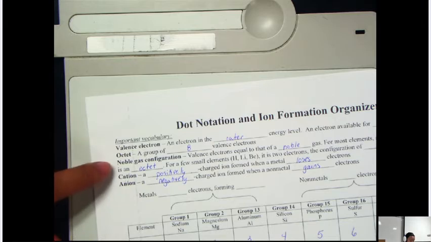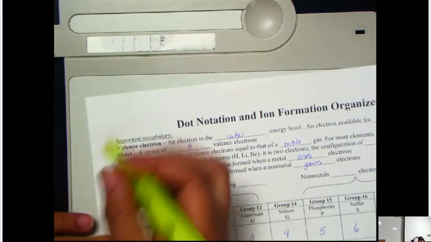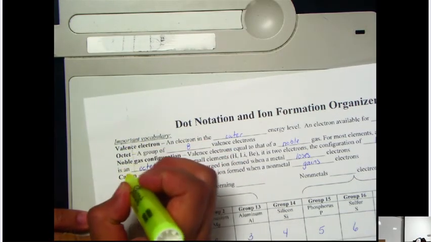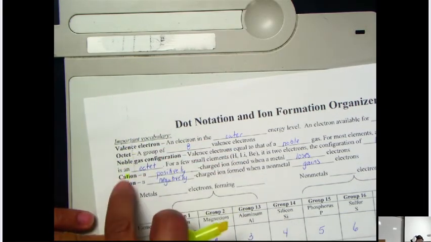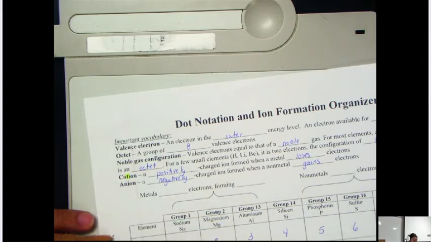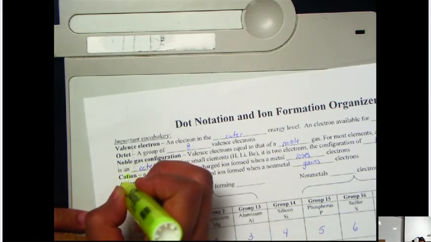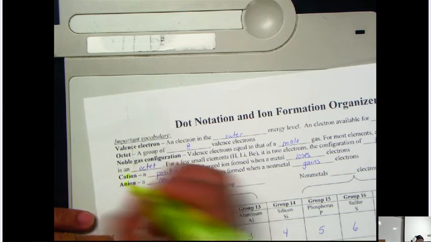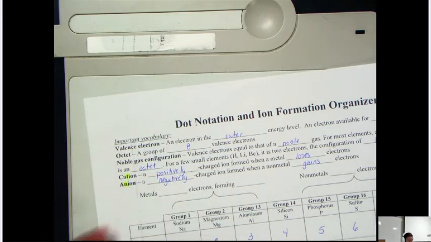How do you know if it has a positive charge or a negative charge? If you look at the word cation, look at the T as a positive. So cations are positive ions. They have positive charges. Your anion has an N for negative. So anions are negative ions. They are negatively charged.